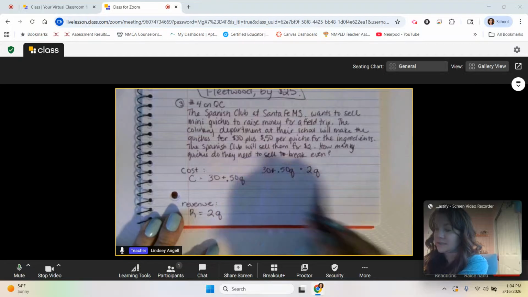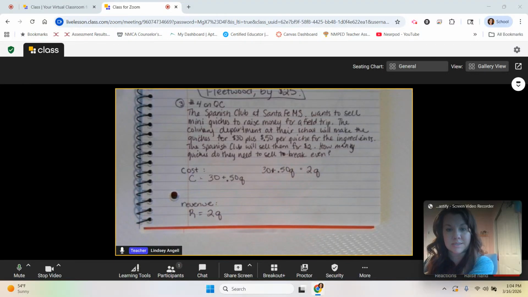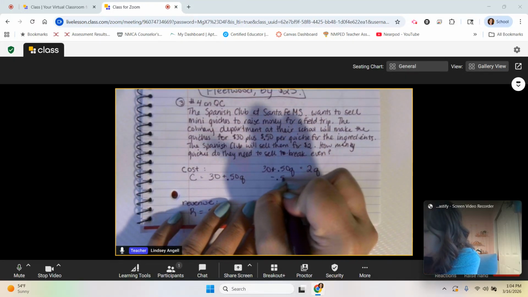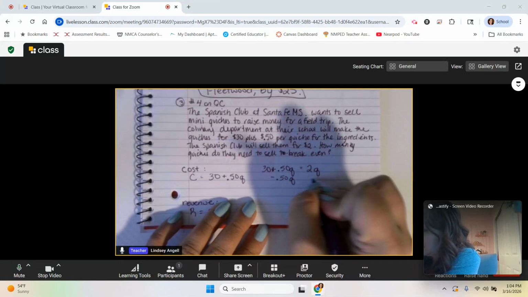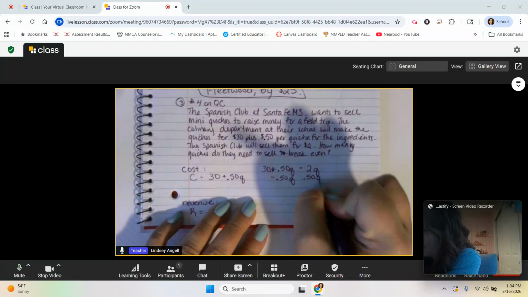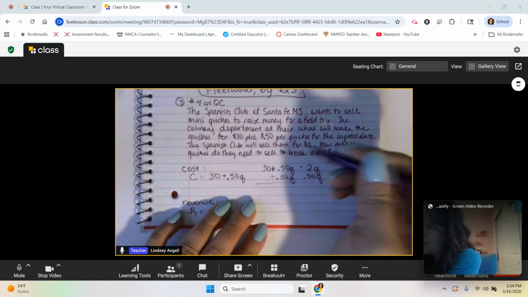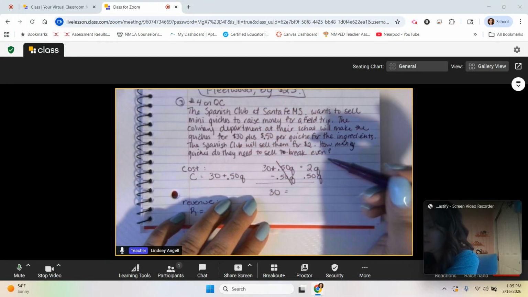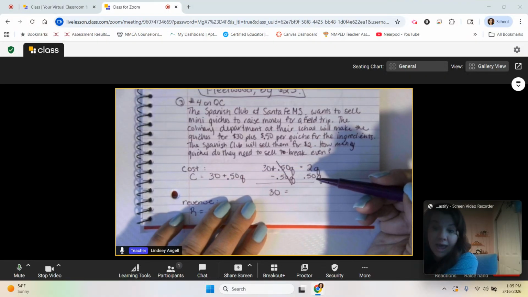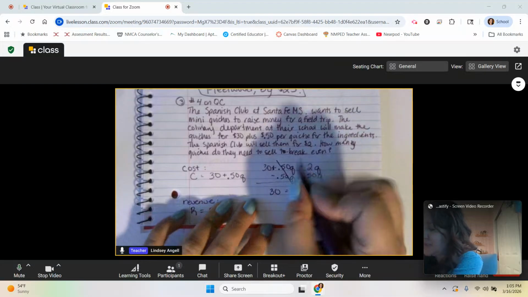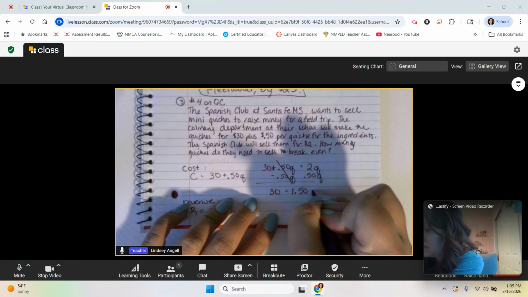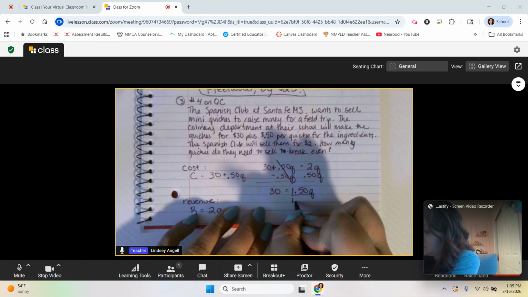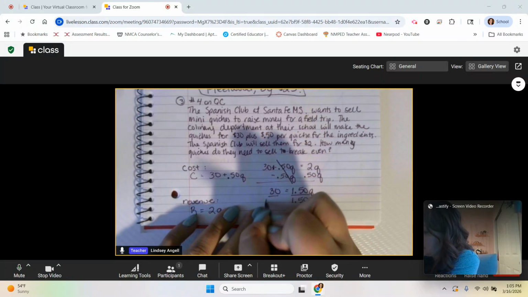And then from this, my goal is to get my variable by itself. So I'm going to subtract 50 cents, or the 0.5 quiche. This one will cancel, and I'm left with 30 equals, and then 2 minus 50 cents would be $1.50 per quiche, and then I would divide both sides.